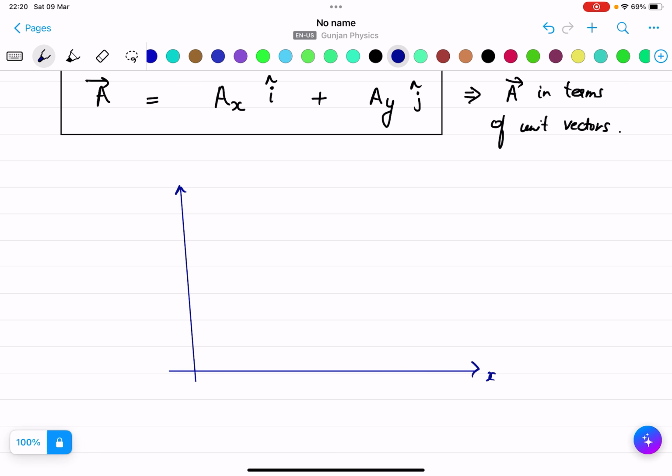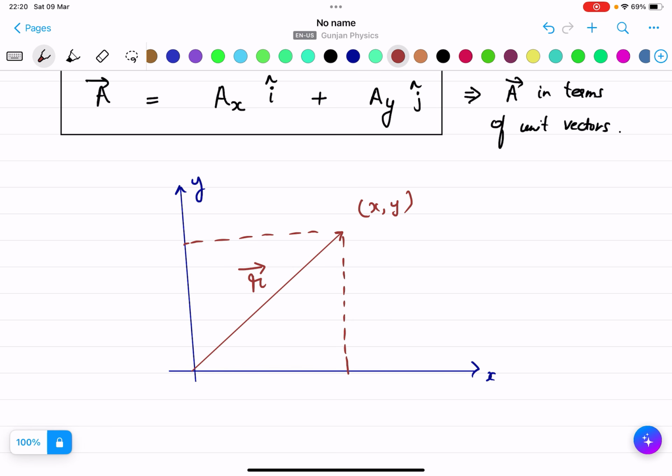It's the same thing I have explained previously. There is a particle which is moving in an x and y Cartesian system. So this is my position vector r, and this is in the y direction and this is in the x direction.